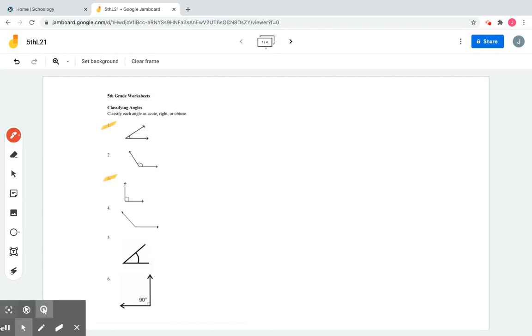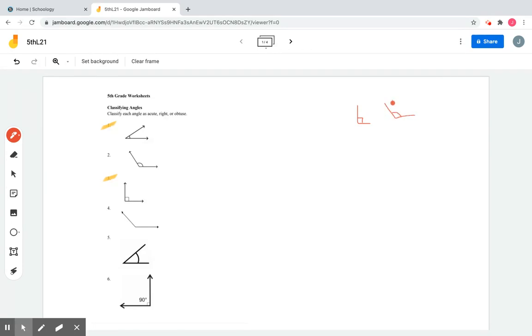There are three types of angles, which are acute, right, and obtuse. A right angle is 90 degrees, and obtuse is an angle that is bigger than a right angle.